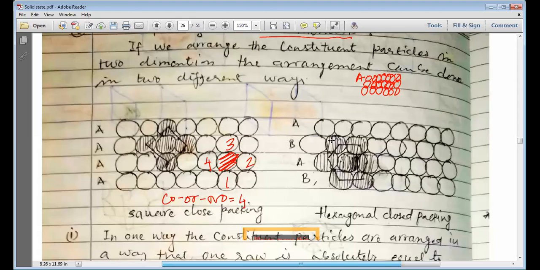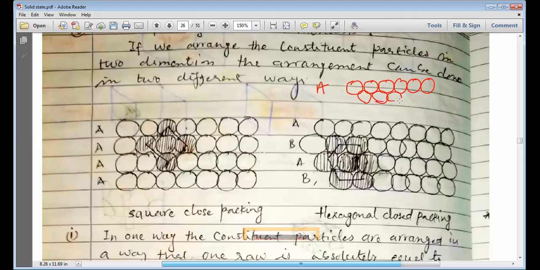Now what happens if we arrange the particles in another manner? I am trying to explain. Suppose we have arranged this A line. Now we want to arrange the next line, but we don't want to arrange it similar to A. So what we will do is put the next line in such a way that the particles are not exactly under the previous line, but are in the gaps of the previous line.